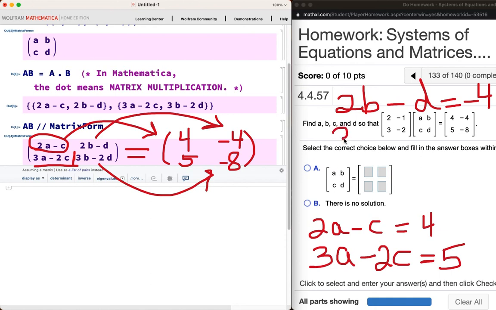So we have 3b minus 2d is equal to negative 8. Okay. And there you have it. So those are the 4 equations that we have in 4 variables.